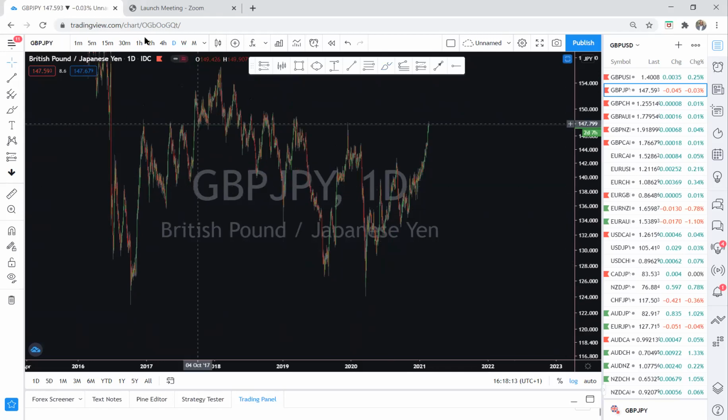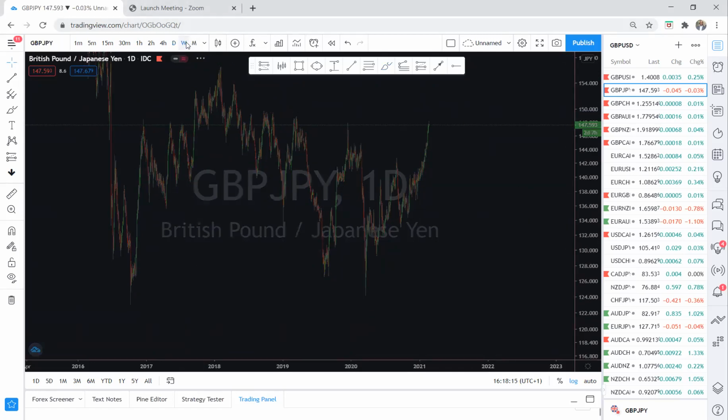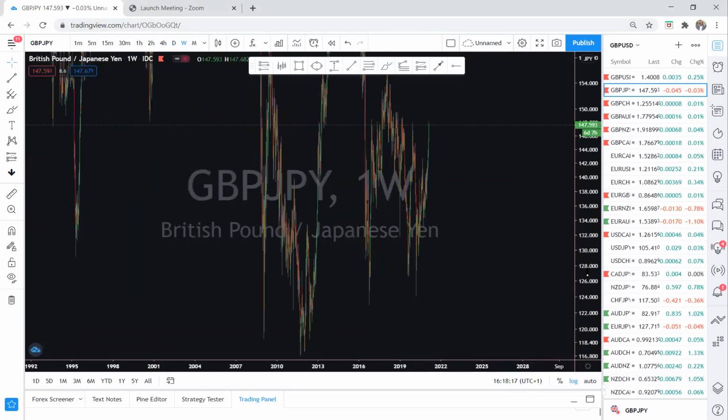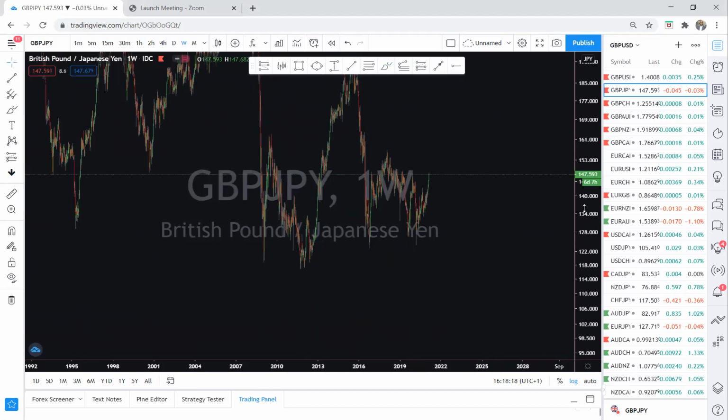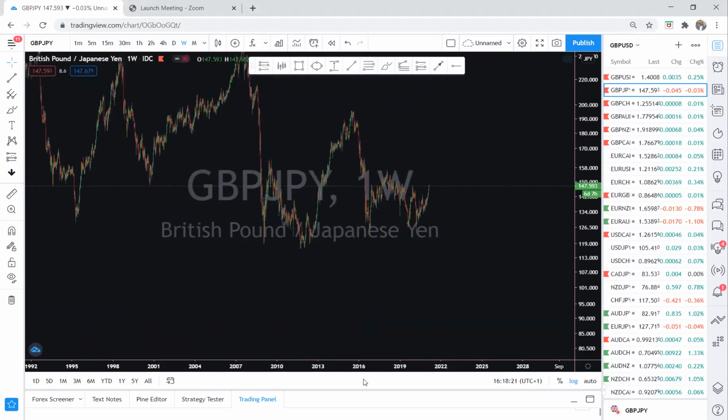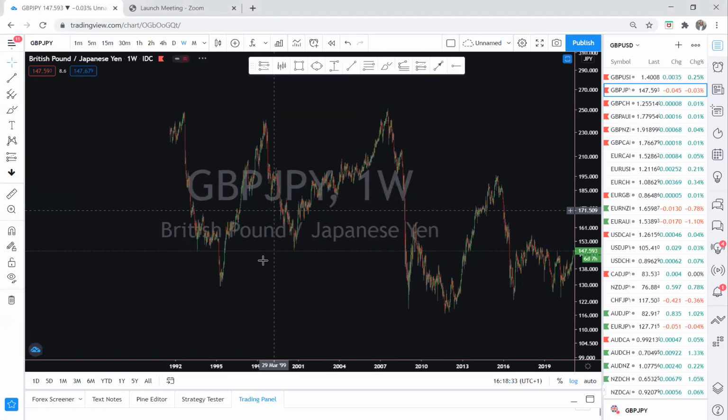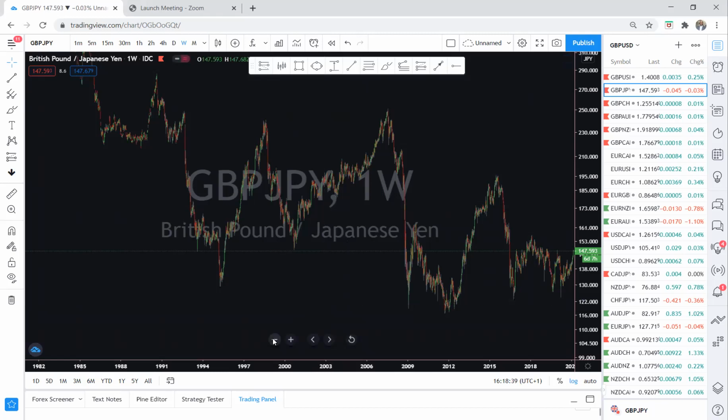Checking the weekly on GBP JPY, we see that it's almost having the same structure as GBP USD, but on this we don't want to really check what happened in the past, so that we'll have more pairs to cover in a short period of time.